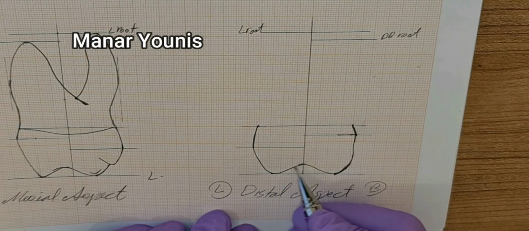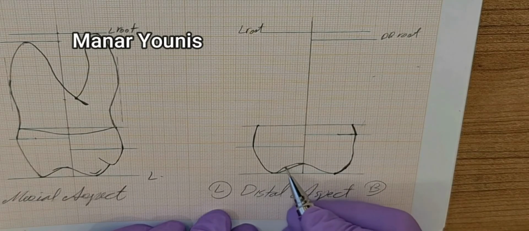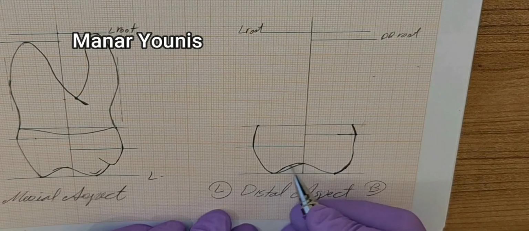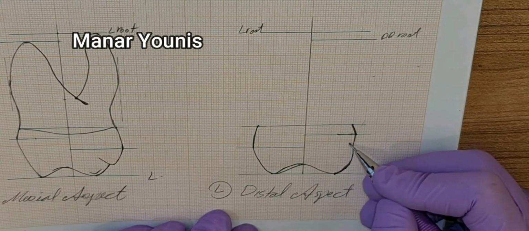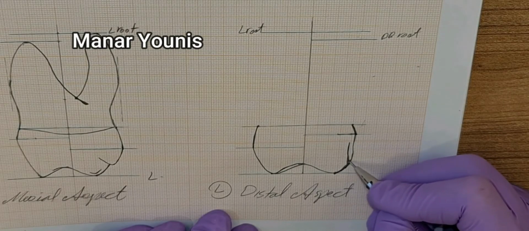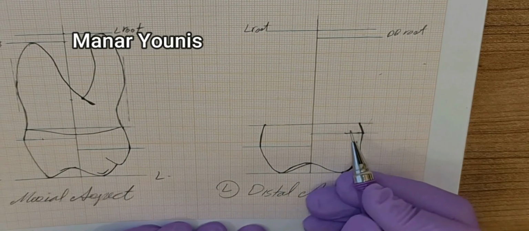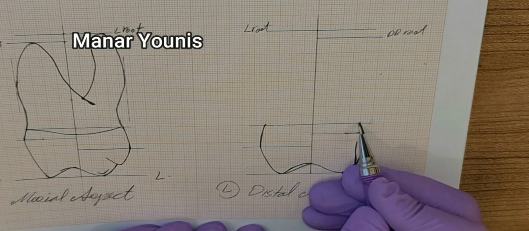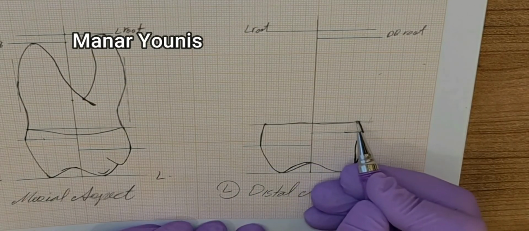Also, we can see the slope of the mesiolingual cusp, and this will be the slope of the distal lingual cusp. Here we can see the buccal developmental groove, as we said, because of the distal tapering of the distal aspect. The curvature of the cervical line is almost non-existing, so draw it as a straight line.